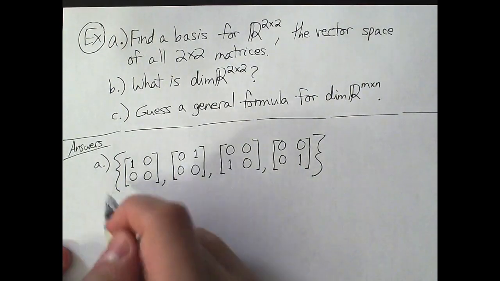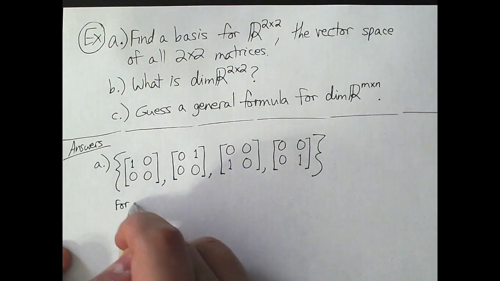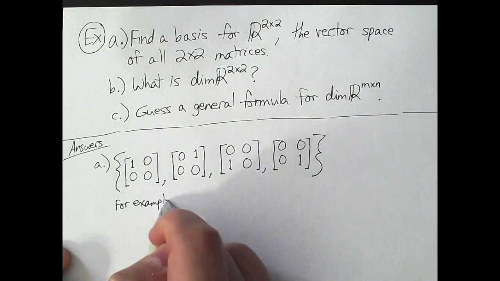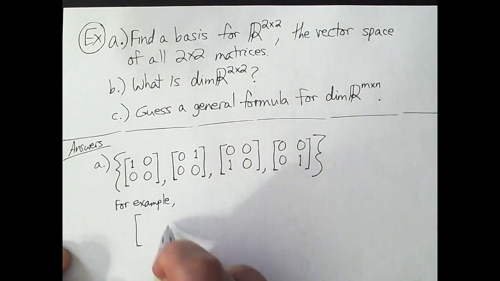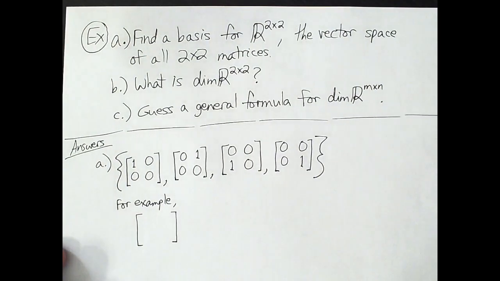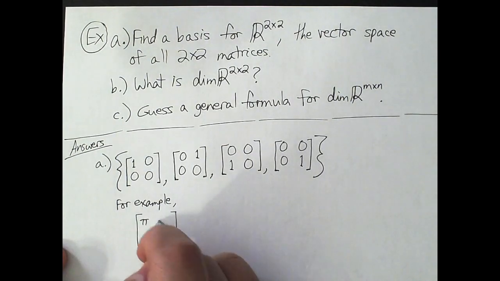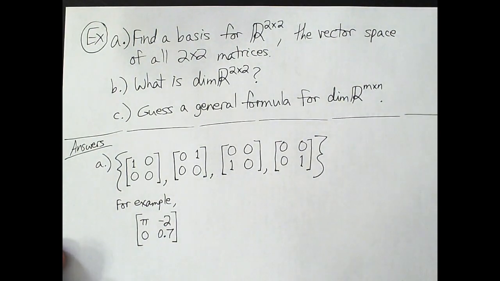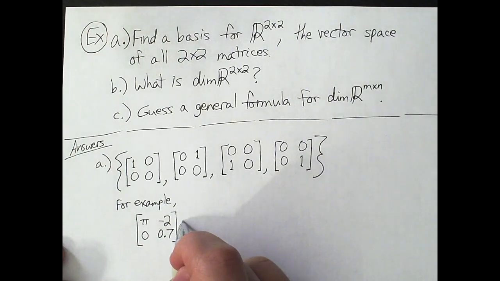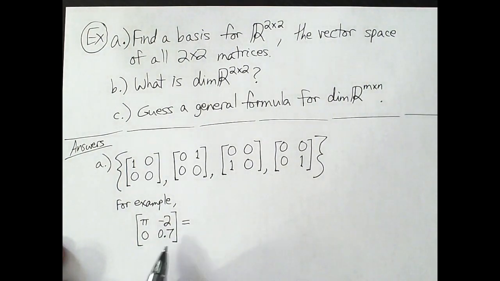So that's a basis. Just for example, I'm going to make up a matrix here. I'm going to try to pick 4 random real numbers off the top of my head. Pi, -2, 0, and 0.7. Those are just the first 4 numbers that came into my mind. This is an element of R2 by 2. Can I write it as a linear combination of these basis elements?